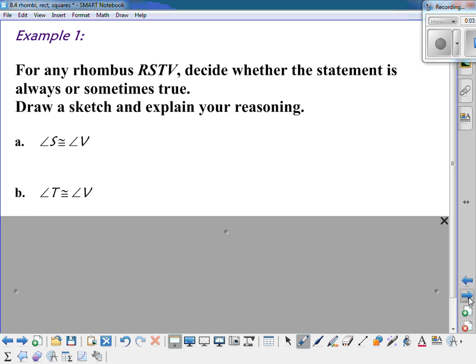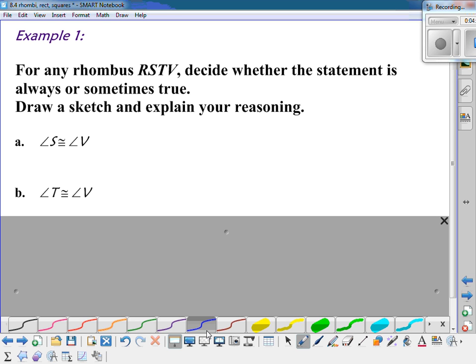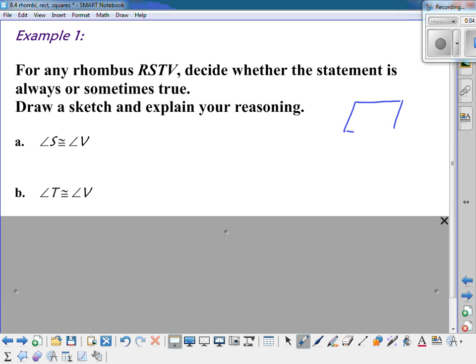parallelograms we're dealing with. So in example 1, we've got, for any rhombus RSTV, decide whether the statement is always or sometimes true. Draw a sketch and explain your reasoning. So I'm going to draw a rhombus which has 4 congruent sides, and then opposite angles are congruent because it's a parallelogram.